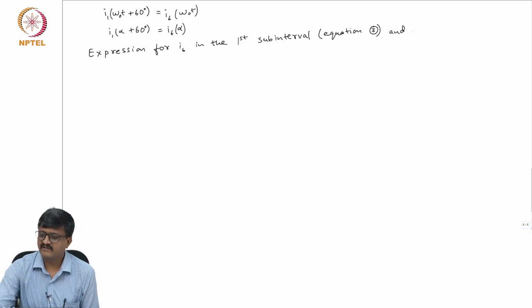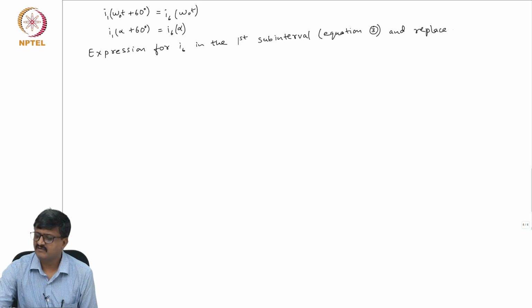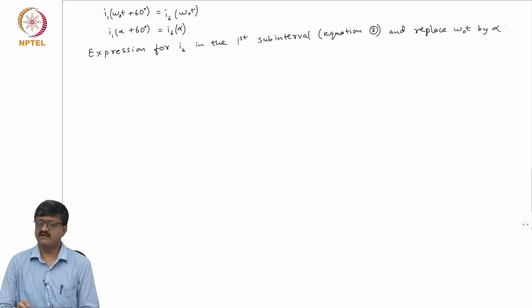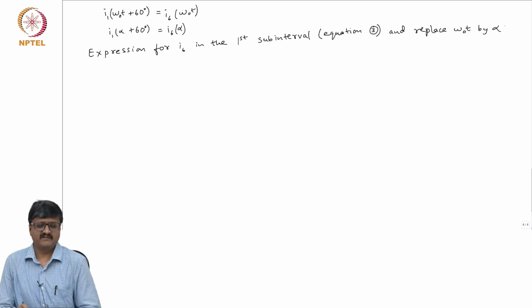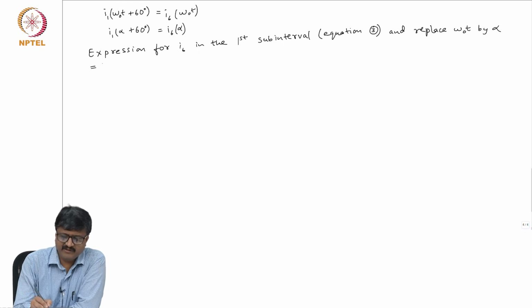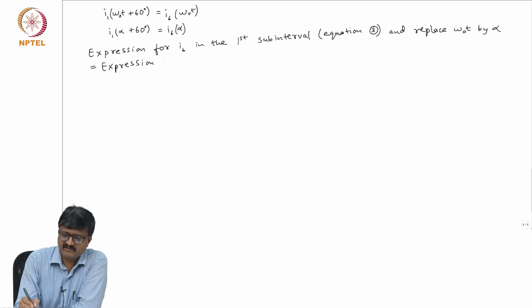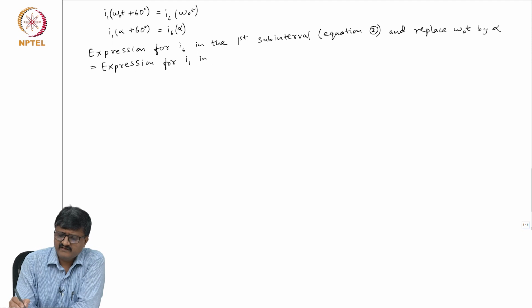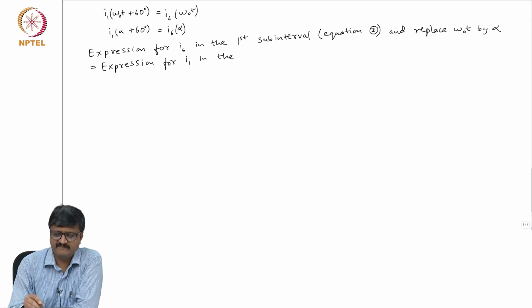And replace omega ot by alpha. Then what I am saying is, this is equal to the expression for I1. I want to use this equation, I1 at alpha plus 60 is I6 of alpha.